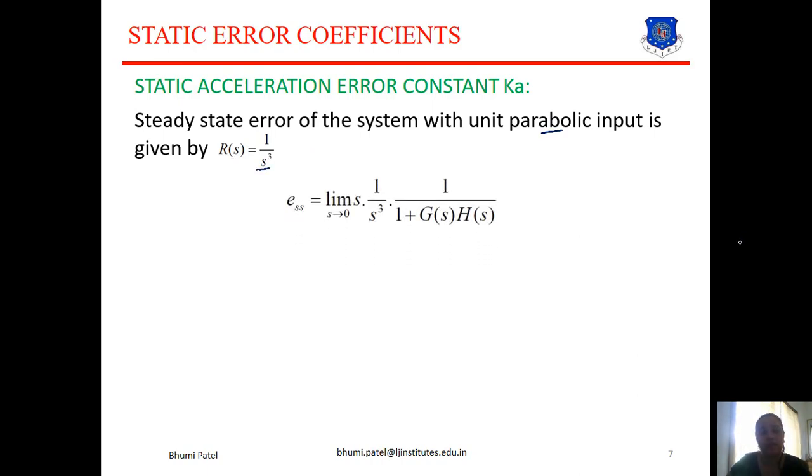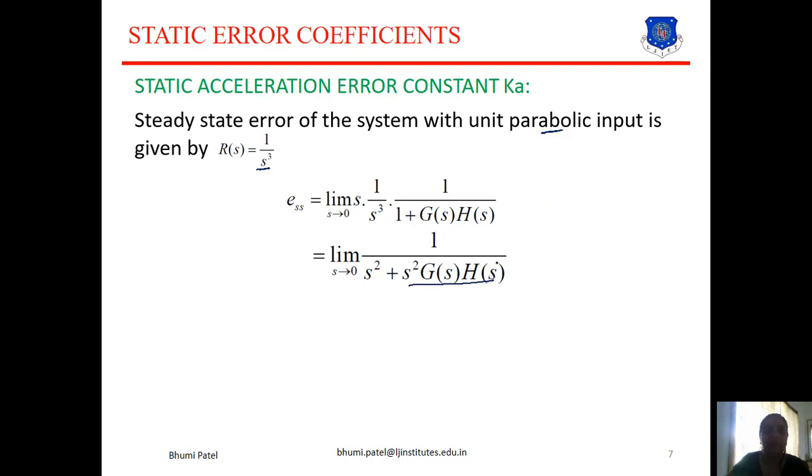So we have the general error equation ess is equal to limit s tends to 0, s into 1 by s cube into 1 upon 1 plus g(s) into h(s). So we get limit s tends to 0, 1 upon s square plus s square into g(s) into h(s).